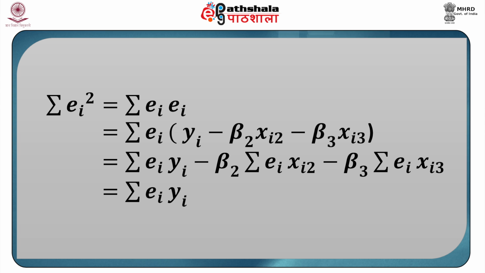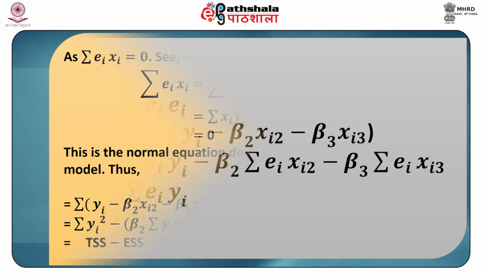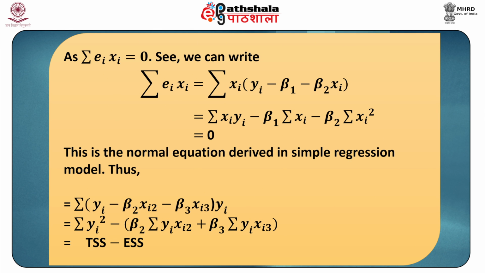On simplification, this comes out to be equal to sigma ei yi minus beta 2 into sigma ei xi2 minus beta 3 into sigma ei xi3, and the whole of this is equal to sigma ei yi on simplification, because you can see that sigma ei xi is 0.